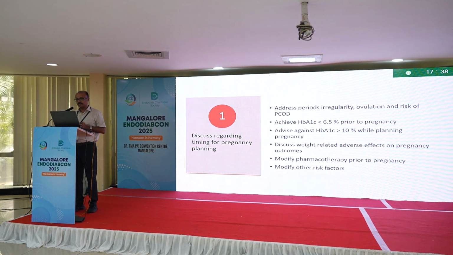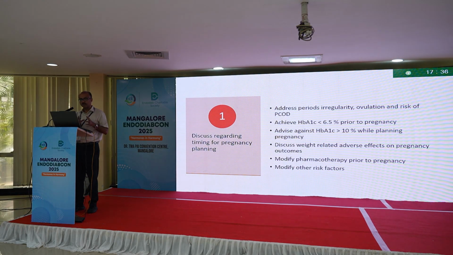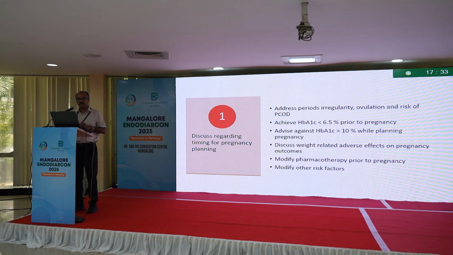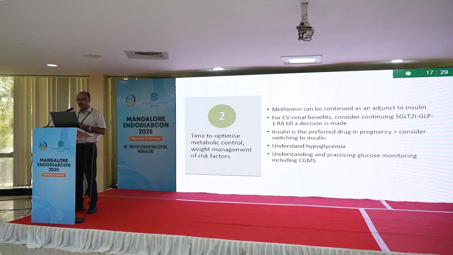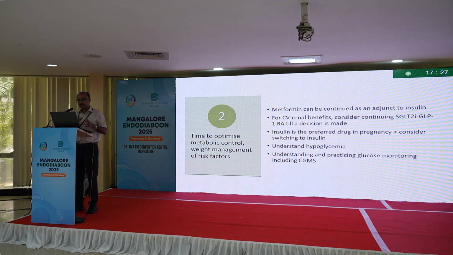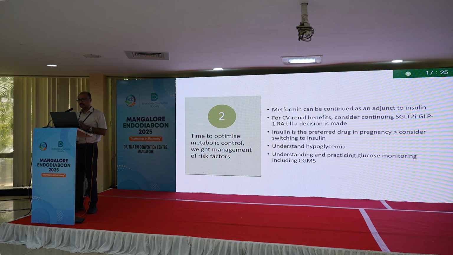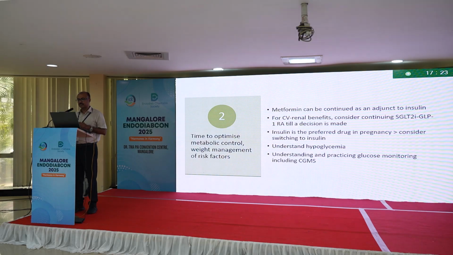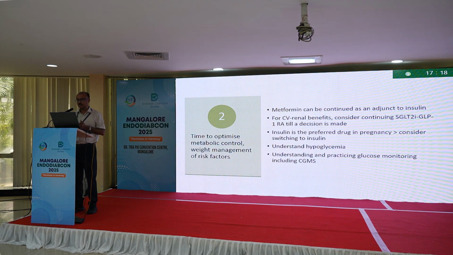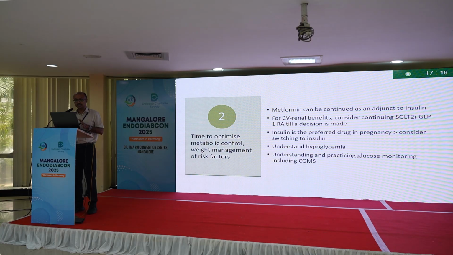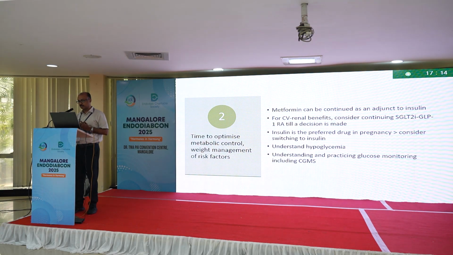Discuss weight-related adverse effects on pregnancy outcomes, and modify the pharmacotherapy and whatever other risk factors the lady has prior to pregnancy. In general, metformin can be continued as an adjunct to insulin in pregnancy. For cardiovascular and renal benefits, consider continuing SGLT inhibitor and GLP-1 RA till a decision of pregnancy is made, because for some of these patients it is essential that they continue these drugs.